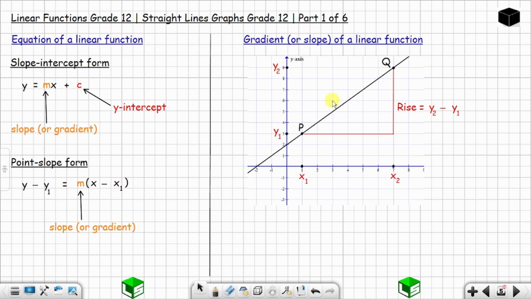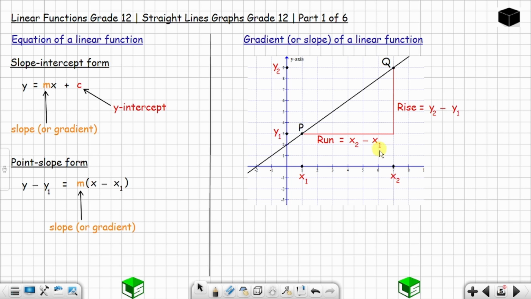The change in the x is known as the run, because you are running, and the run is equal to x2 minus x1.